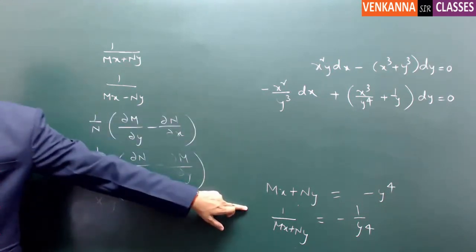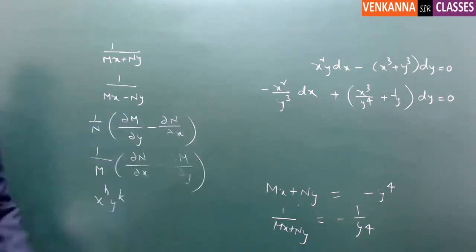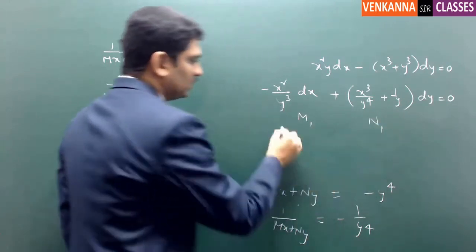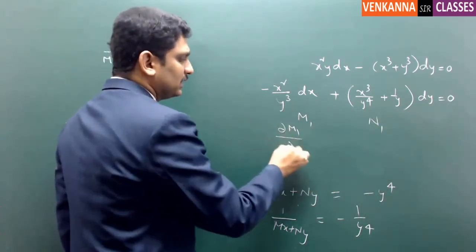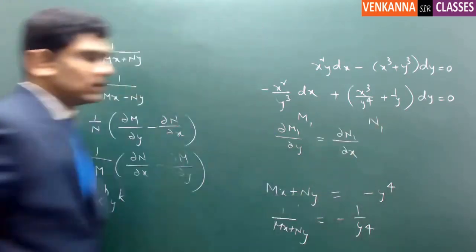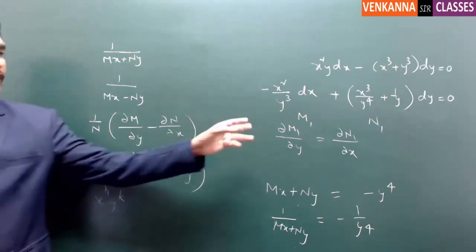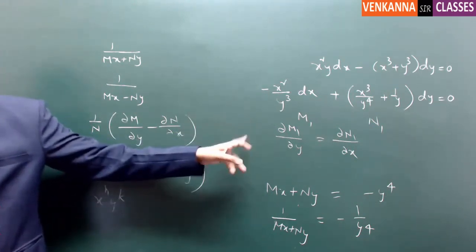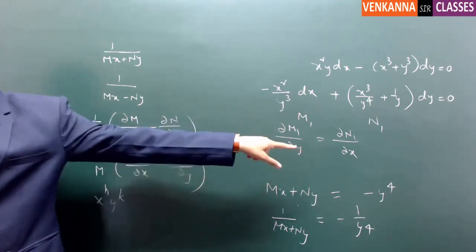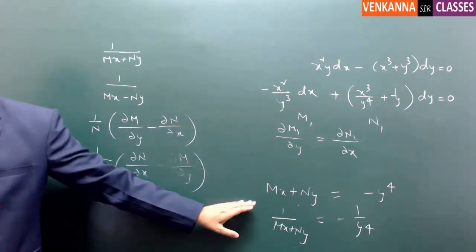Since you are using the integrating factor, if you consider the partial derivatives, let us give the names m1 and n1, these will be equal automatically. So there is no need to verify them further. However, you can calculate the values separately and show that dou m1 by dou y is equal to dou n1 by dou x. So it has become exact on multiplying with this function. Agreed?